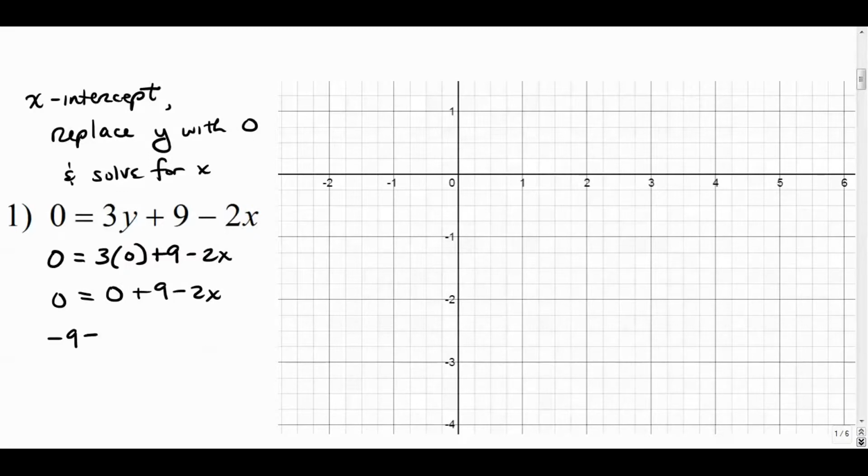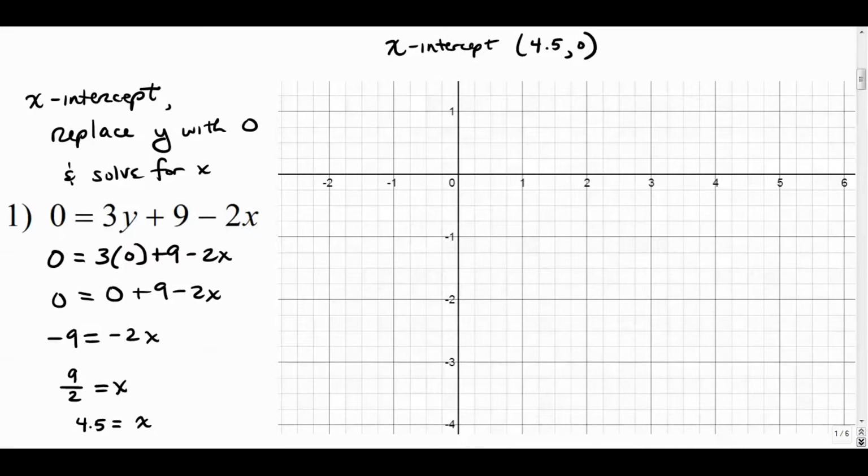I'm going to get the 9 over here, make it -9. And I'm going to divide, and I get 9 over 2, which is 4.5. So x equals 4.5. I'm going to put that in a nice ordered pair format. The x-intercept is 4.5, 0.